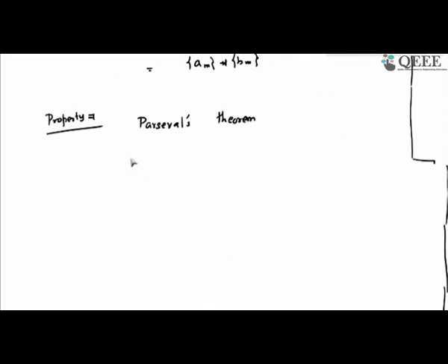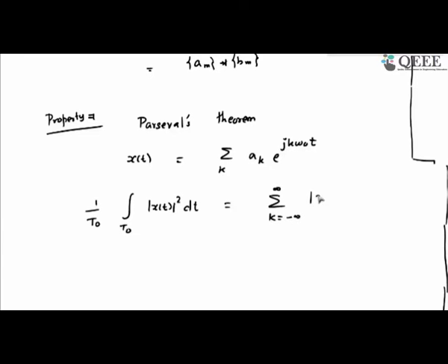Let us say x of t has the Fourier series representation sum of a k e power j k omega naught t. Parseval's theorem says that the integral over t naught, 1 by t naught, mod of x of t square dt, the area under the curve, is nothing but the sum over k equals minus infinity to plus infinity of mod a k square.